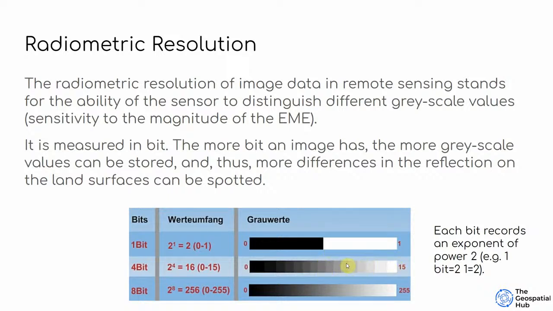But now it can distinguish between more grayscales. It can pick up more energy levels because it has increased to 4 bits. And now if we have 8 bits, this is ranging from 0 to 255. So now look at this, 0 to 255. You can finally distinguish between different energy levels.